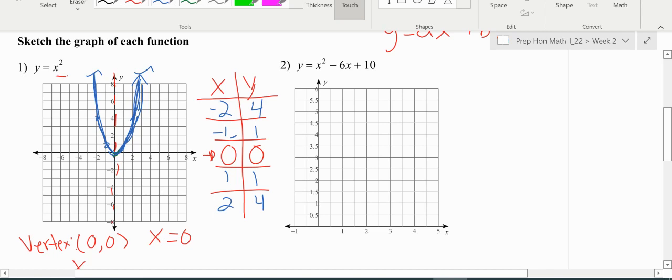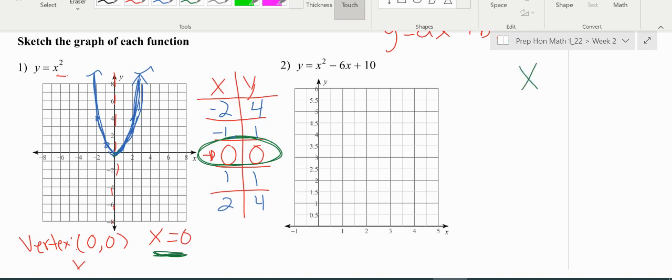For question number 2, though, it might be a little trickier to find our vertex, because it's not just an x squared. So in standard form, when we need to calculate the vertex, we use our axis of symmetry formula, which tells us our x value.